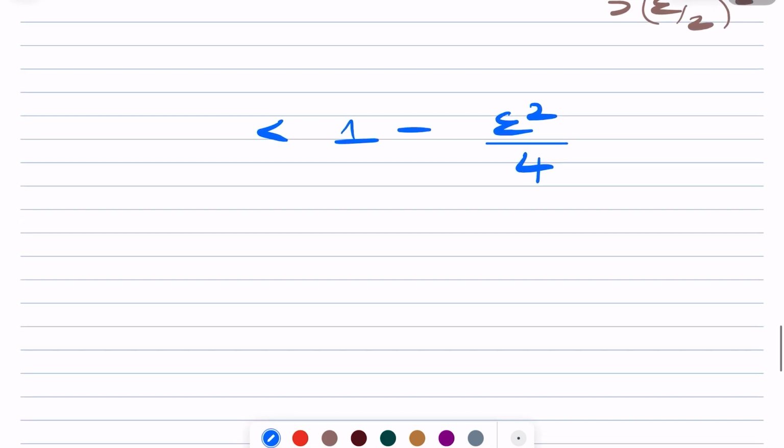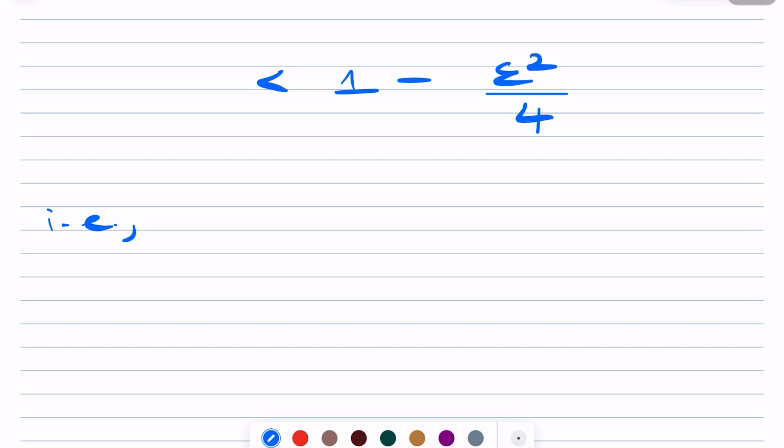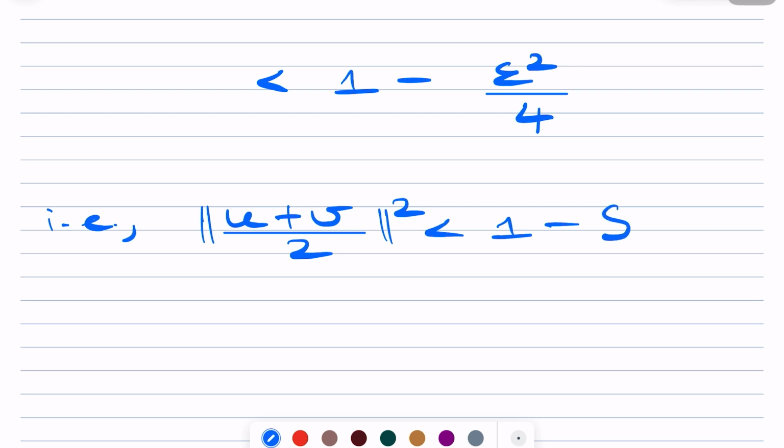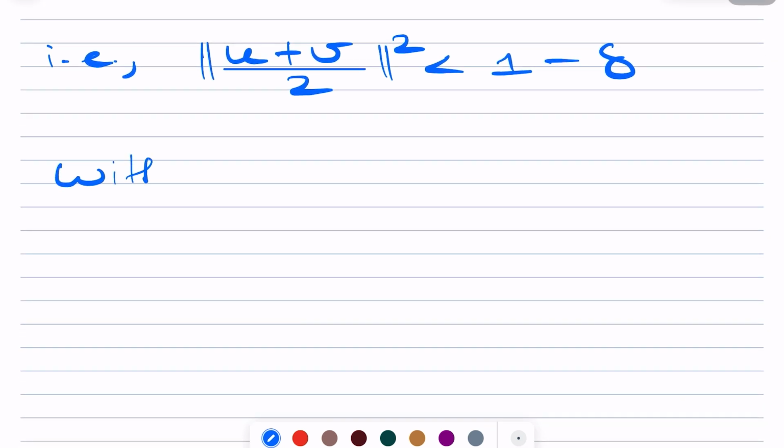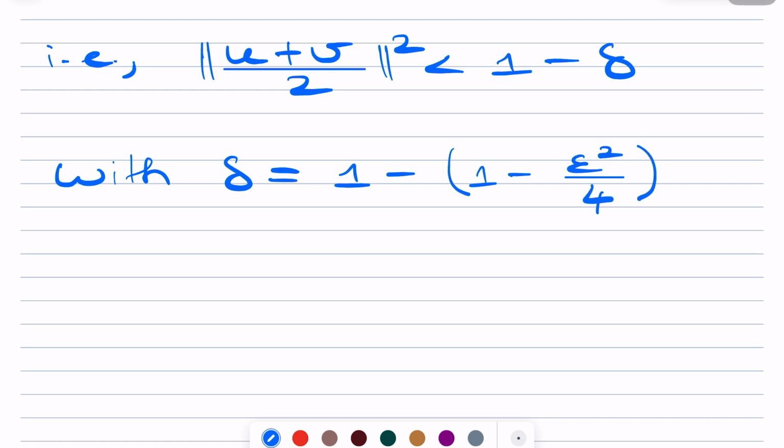So this means the norm of (u plus v) over 2 squared is strictly less than 1 minus delta, with delta being equal to 1 minus, let me just write it properly, 1 minus epsilon squared over 4, to the power 1 over 2.